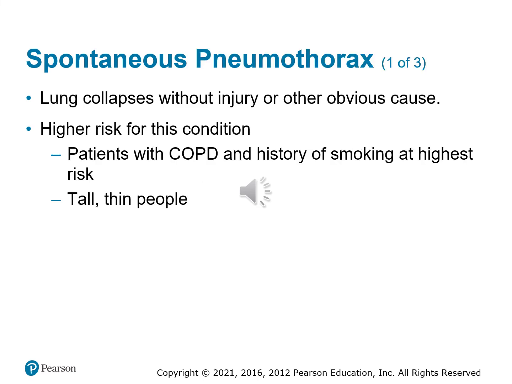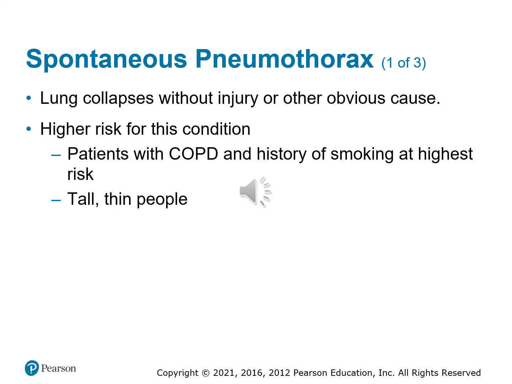So spontaneous pneumothorax is an interesting thing that can happen. This is where we get a lung that collapses. This is due to no injury or any other obvious cause. We see this sometimes in people who are tall and thin with a condition called Marfan syndrome.